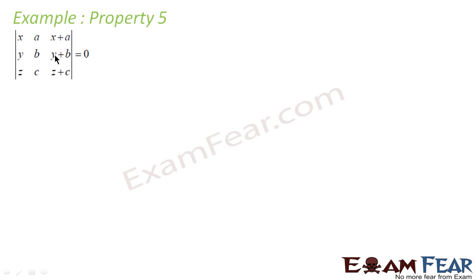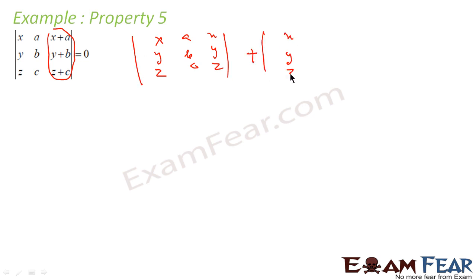Here the whole column 3 is a sum of numbers, so you can rewrite this determinant with the first and second columns staying the same as x, y, z, and the third column split as x, y, z, plus a, b, c in the second determinant.